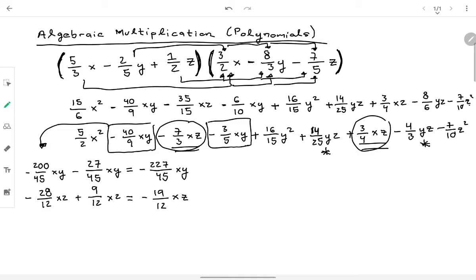And finally, we will do the same with yz. We have denominators 3 and 25, so our common denominator between 25 and 3 is going to be 75yz. The first one is positive 1. The second one is a negative 1.